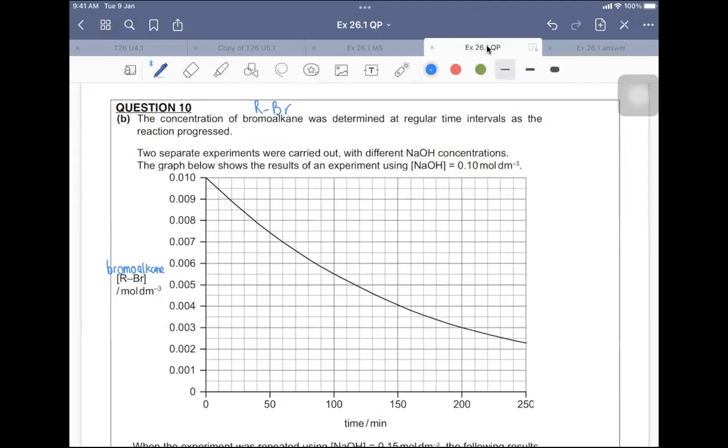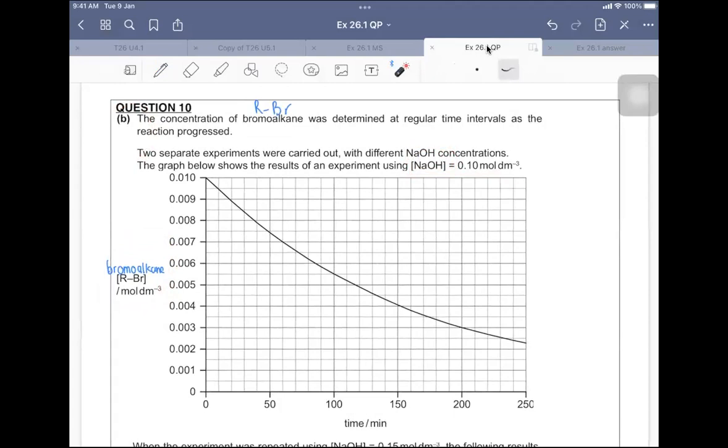Now this graph is different from the one that we looked at earlier on, because in question 8 we were looking at a graph of the 2 reactants on the same axis. This time we are looking at the concentration of the bromoalkane at 2 different concentrations of sodium hydroxide.